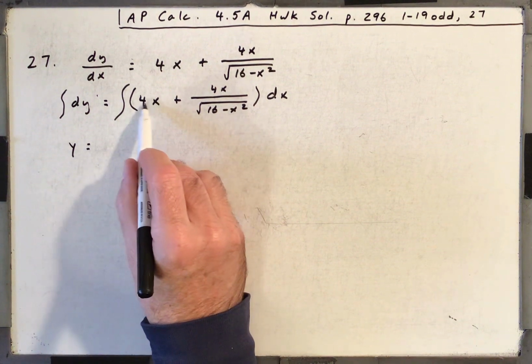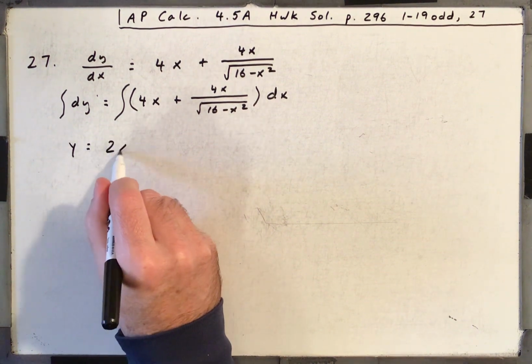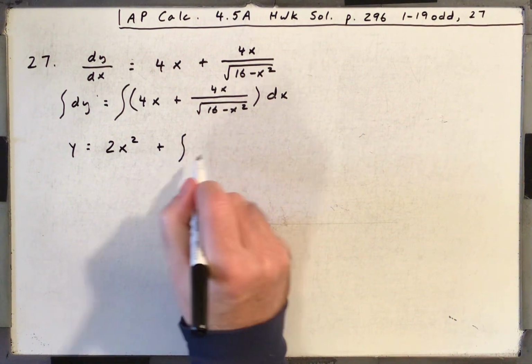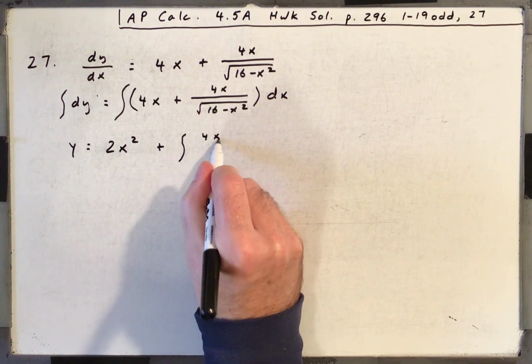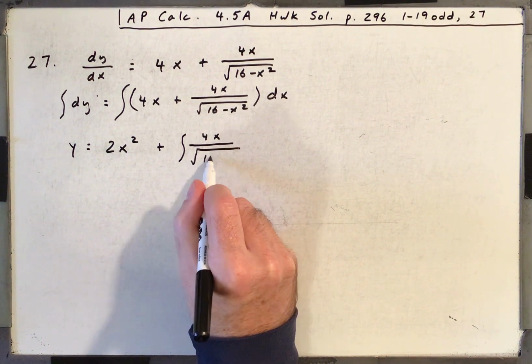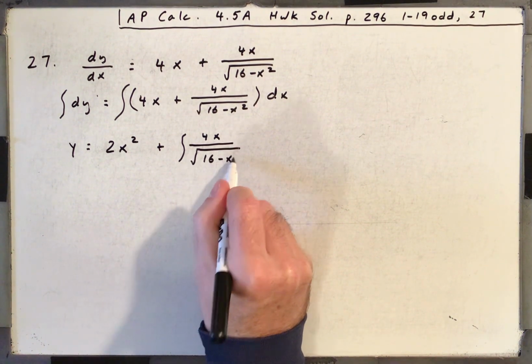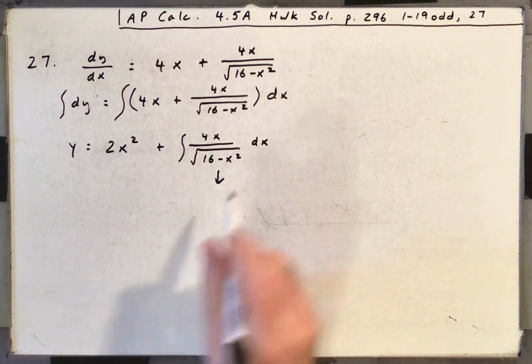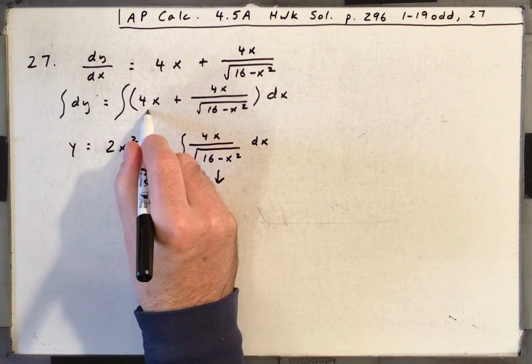Okay, so we're going to integrate 4x. That's 2x squared. But I'm going to have to use a substitution for this second part. And that's where most of the work comes in. Okay, so this is the part we're going to work on. That part was easy.